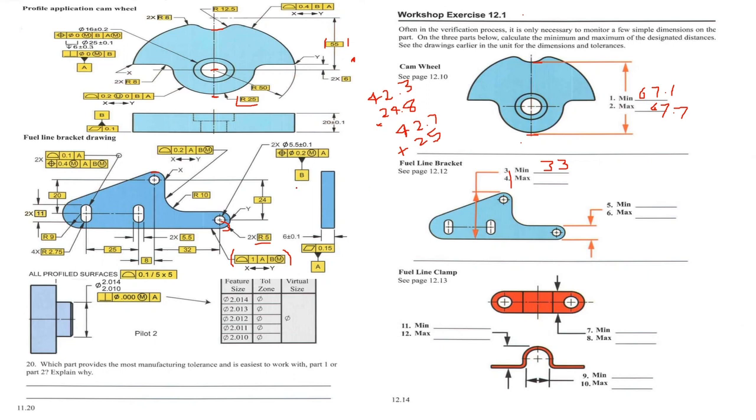And for the maximum value, this 24, then 5.5 plus 5.5 plus 24. So 11 plus 24, and this value is 35. So the maximum is 35 and the minimum is 33.